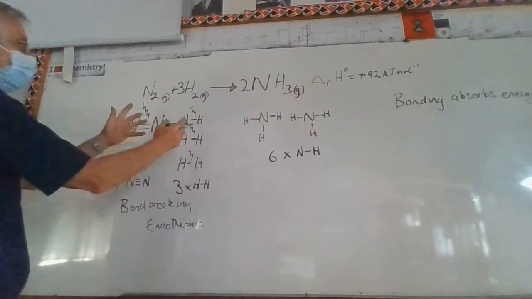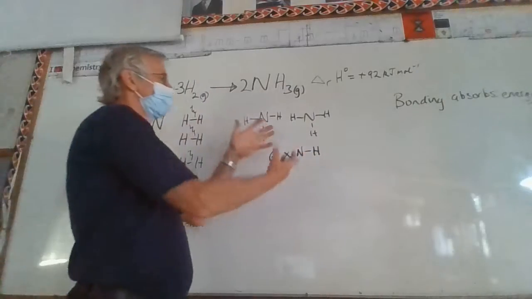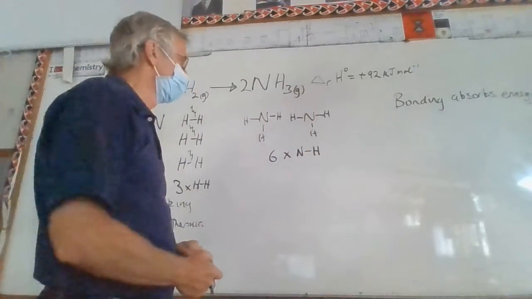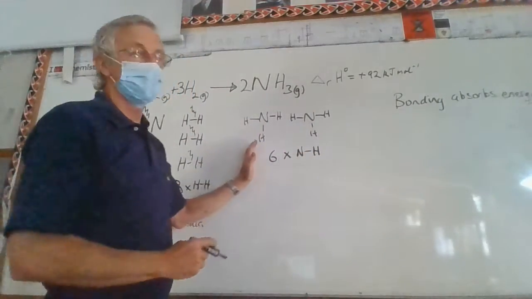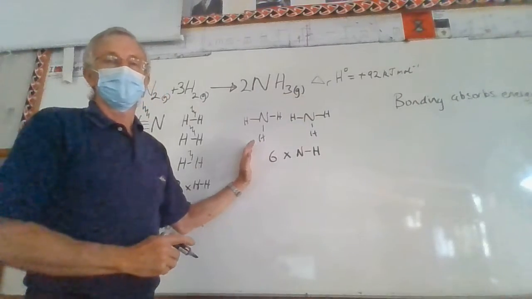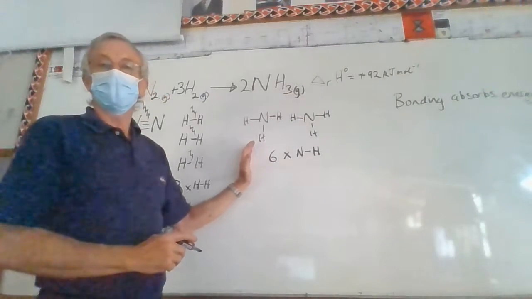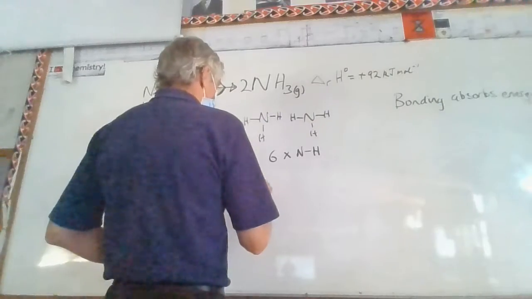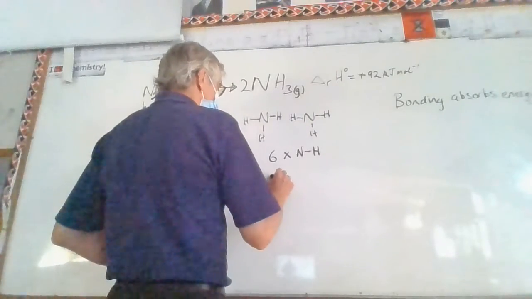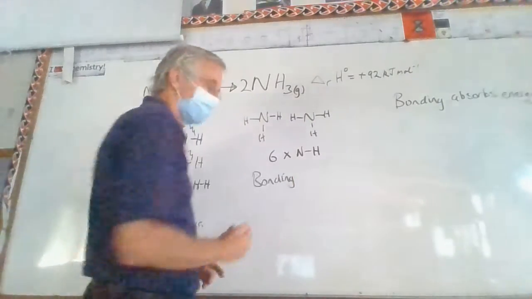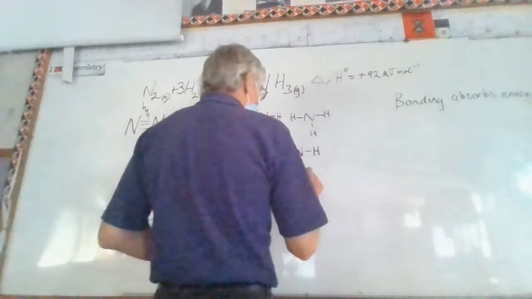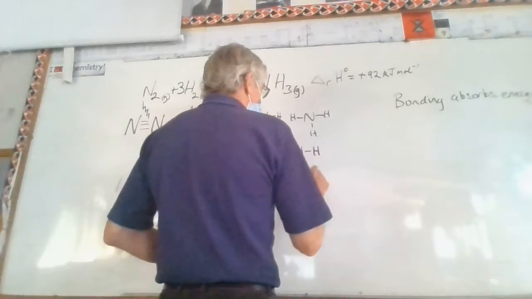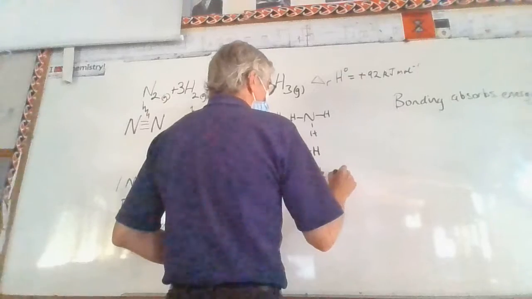Now, once these bonds are broken, the atoms are going to come together in this pattern and make the ammonia molecules, and the bond making is energy releasing or exothermic. So that's our major concept. Bond breaking is a process that's endothermic, whereas bond making is exothermic.